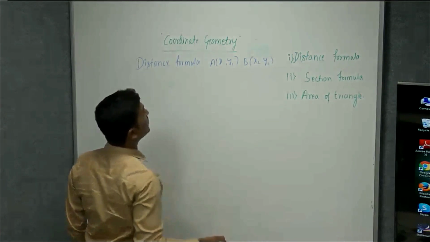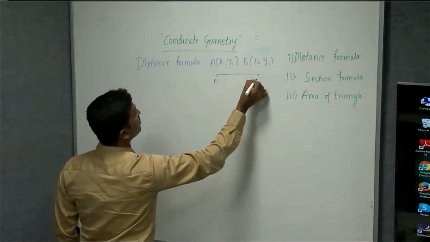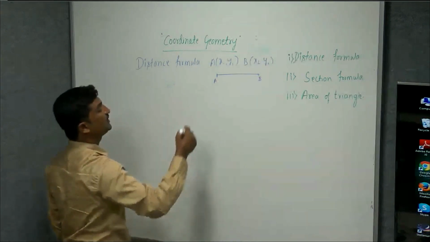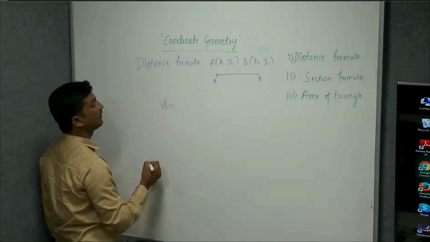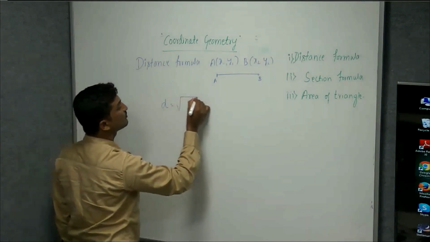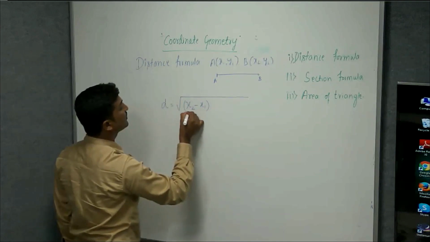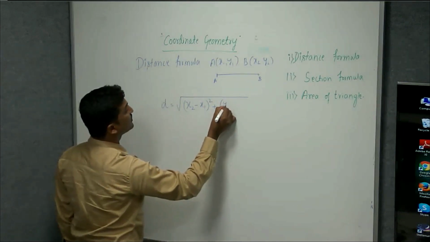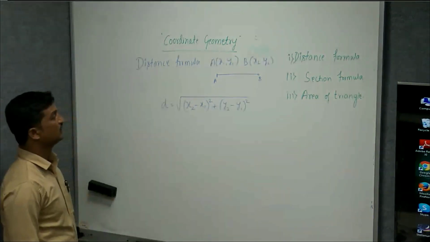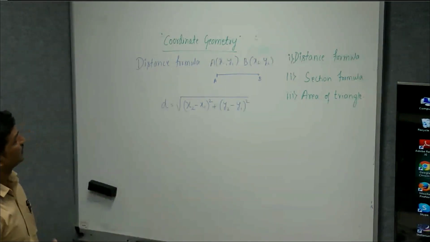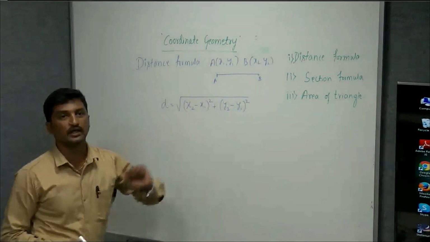These are the coordinates of a line segment AB. Then what will be the distance between A and B? That will be derived as D is equal to square root of x2 minus x1 whole square plus y2 minus y1 whole square. Using this formula, you can calculate the distance between these 2 points A and B.